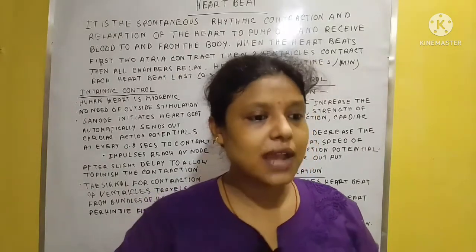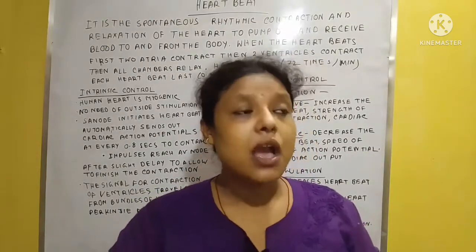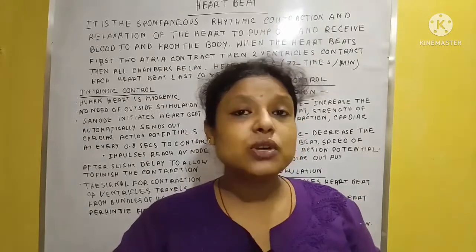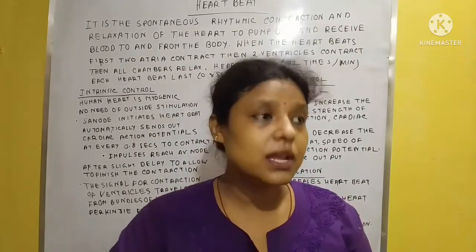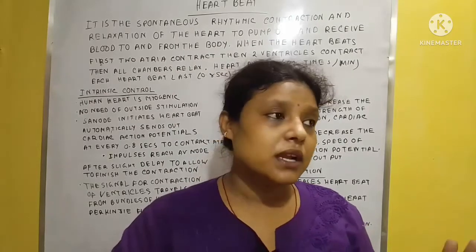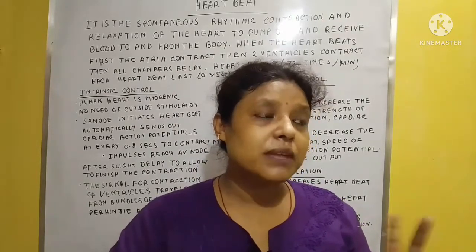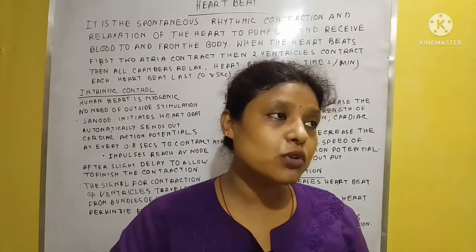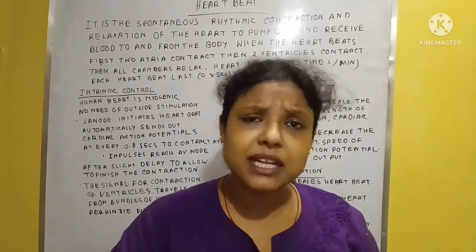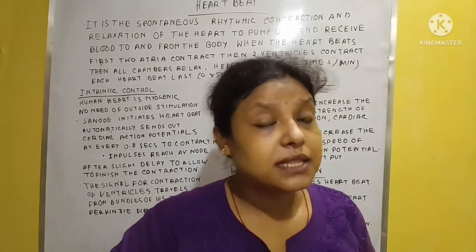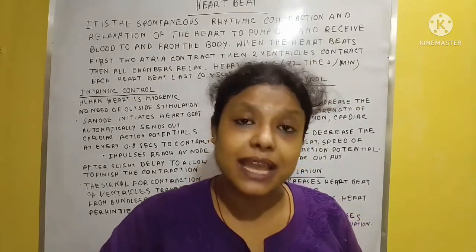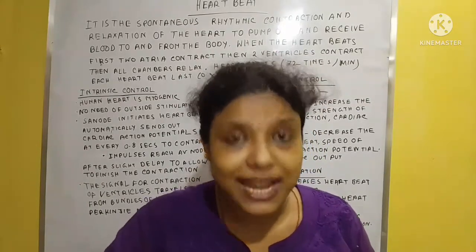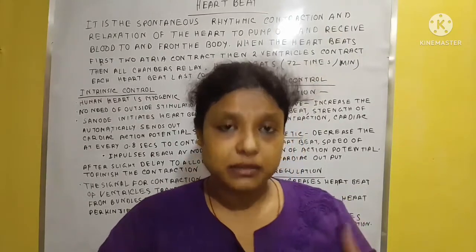This contraction and relaxation of the muscles occurs due to the presence of some fibers: one is the SA node, another is the AV node, the third one is the Purkinje fiber, and the fourth one is the bundle of HIS. These are very important factors that help in the contraction and relaxation of the heart muscle.